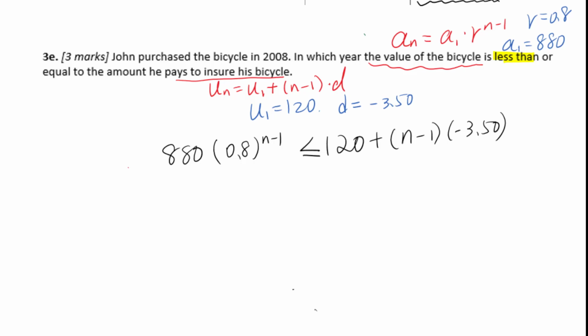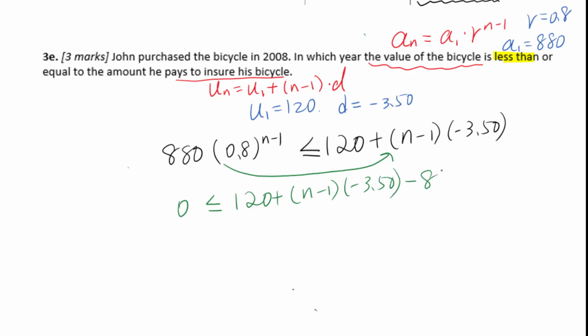We want to use the equation solver to solve this inequality. So move this to the right side: 0 less than or equal to 120 plus n minus 1 times negative 3.50, then minus 880 times 0.8 to the n minus 1 power.